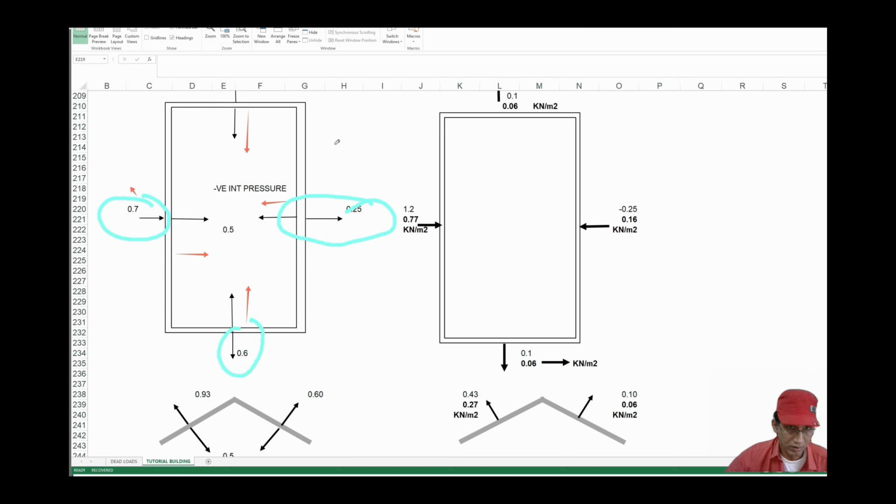For this part, 0.6, then the internal pressure coefficient is along the negative y direction.